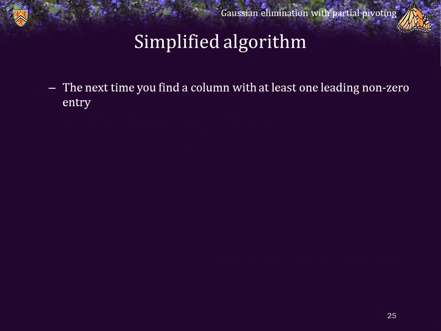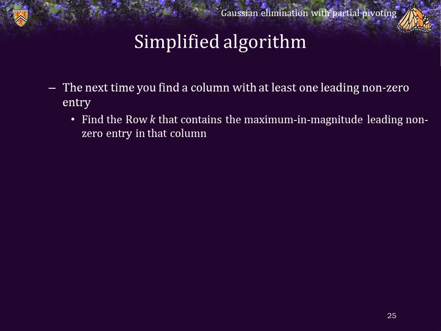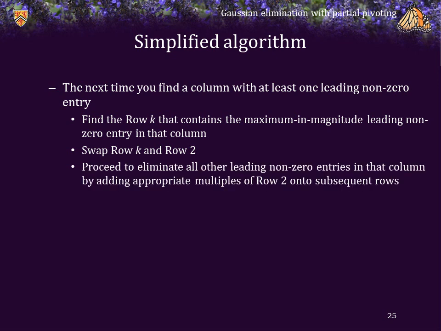Carrying on, the next time you find a column with at least one leading non-zero entry, once again, you will find the row K that contains the maximum in magnitude leading non-zero entry in that second column that has at least one. You will then swap row K and row 2. And as before, you will proceed to eliminate all other leading non-zero entries in that column by adding appropriate multiples of row 2 onto subsequent rows.